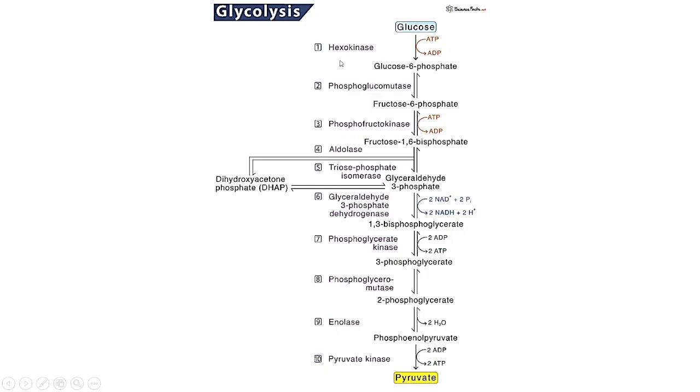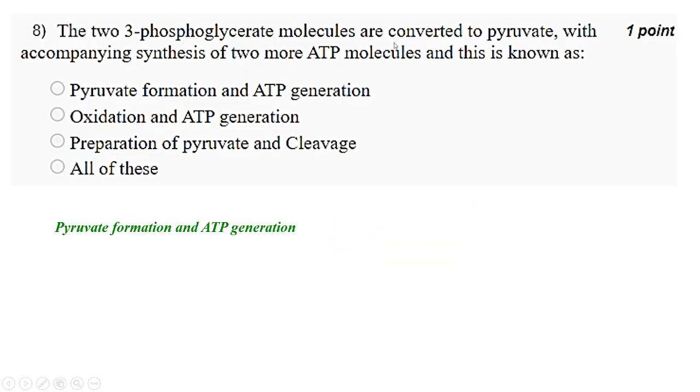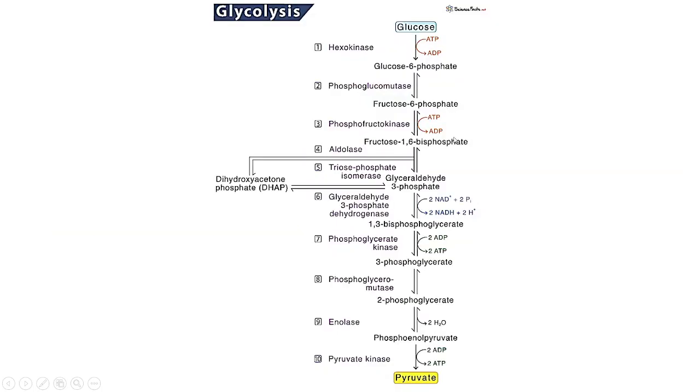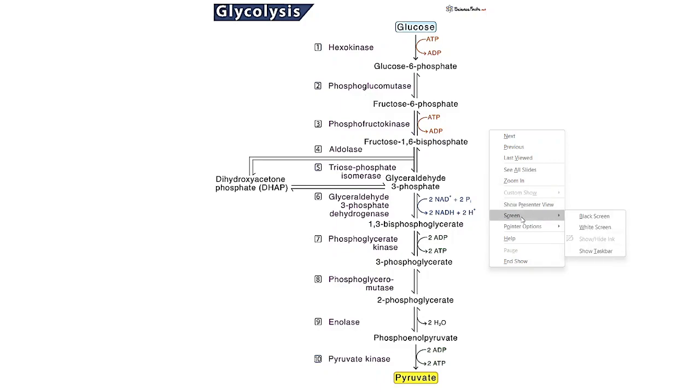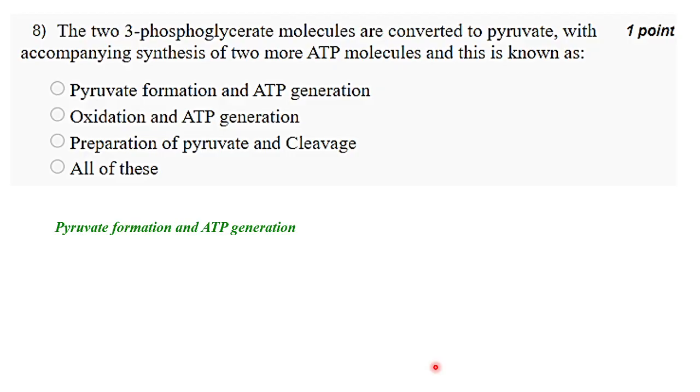But before that, the question was that the 3-phosphoglycerate molecules are converted to pyruvate. These are the 3-phosphoglycerate molecules in the step between the 7th and the 8th steps, and these are converted to the pyruvate end product, and there's 2 ATP generation in between. And the question was pyruvate formation and ATP generation.